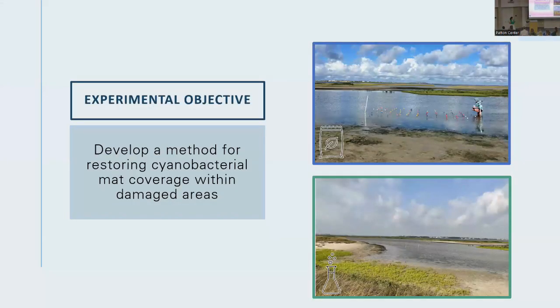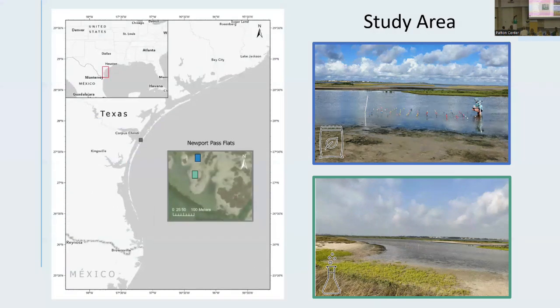Therefore, the objective of my work is to develop a method for restoring cyanobacterial mat cover within these damaged wind tidal flat areas. I am doing this by conducting 2 pilot restoration experiments on a wind tidal flat at Newport Pass, and they are testing 2 different restoration treatments that I will detail a bit more here.